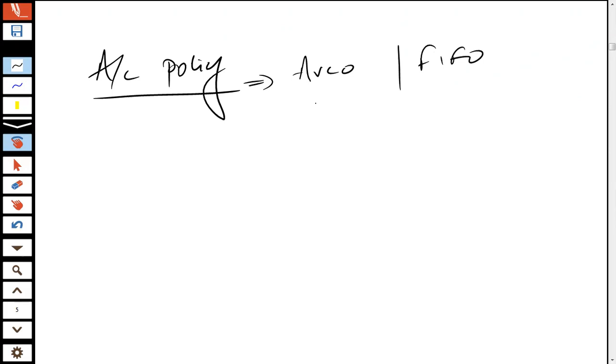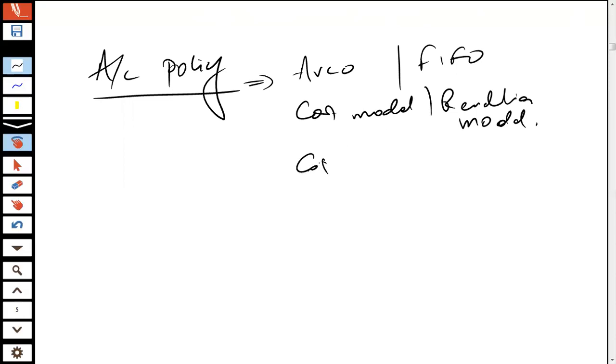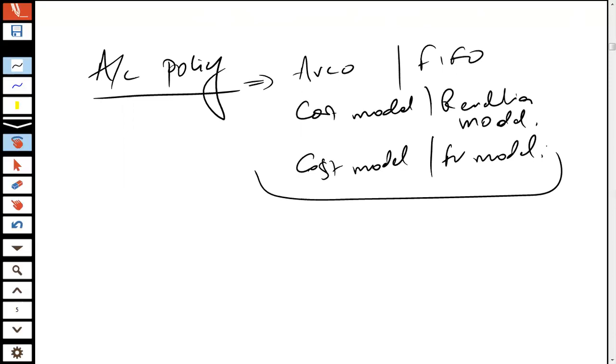Similarly, the cost model and the revaluation model are also accounting policy examples. Then you've got the cost model or the fair value model, etc. These are the different types of accounting policies that you can adopt.